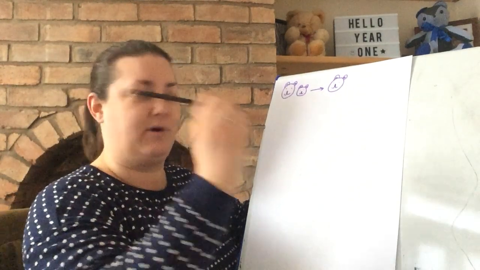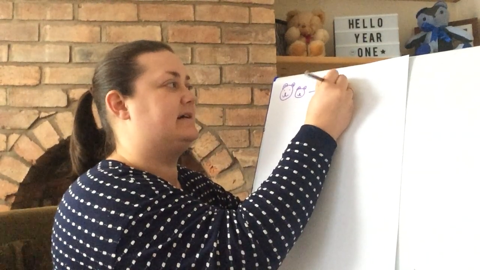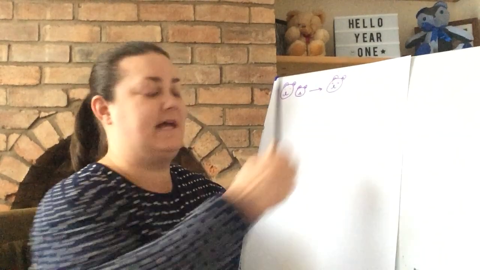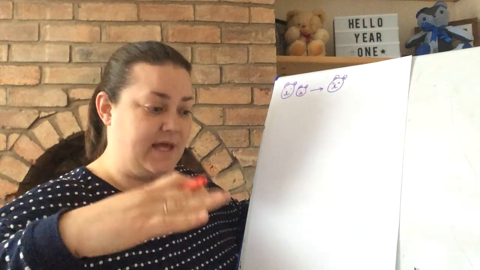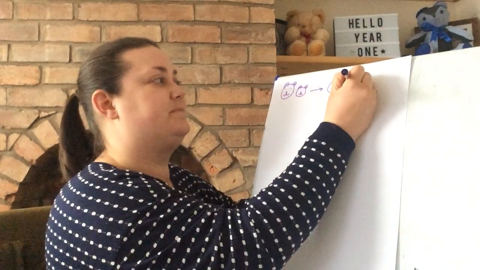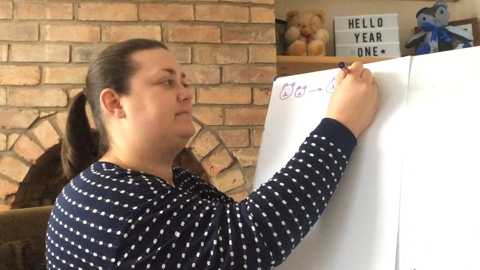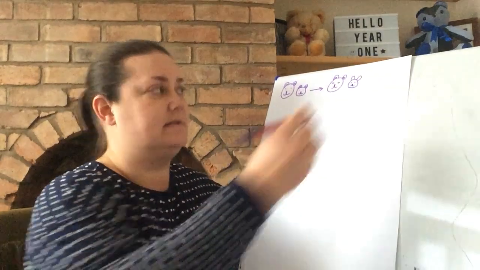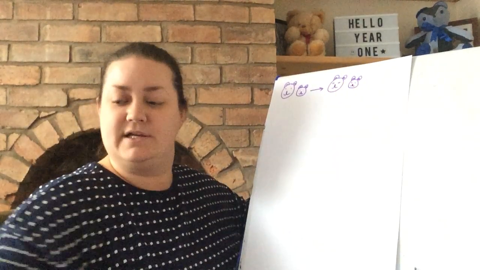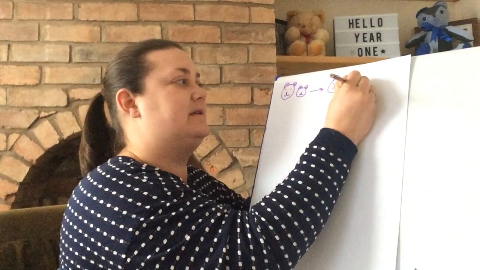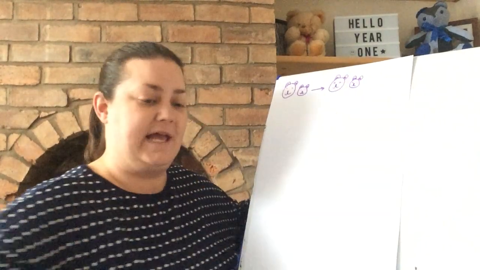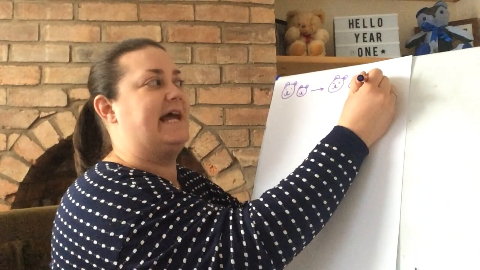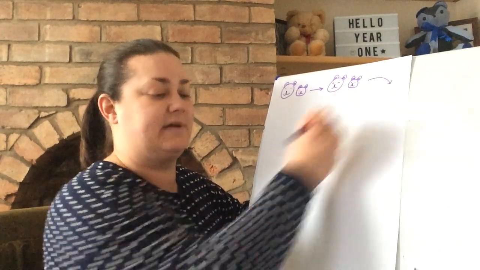So what I'm going to do is I've got a brown pencil crayon here, so I'm just going to make his eyes brown. And Little Bear had a small black nose. Okay, so here's Little Bear, and let's do his ears. And I've got a black pencil crayon, so I'm just going to make his nose small and black. Now I'm going to do the arrow to show the next part of the story.